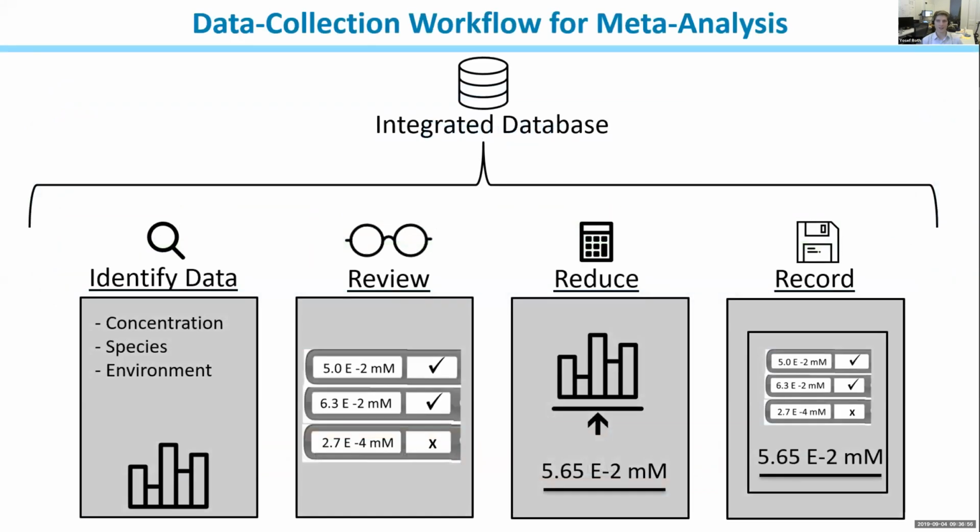So this is the data collection process that one would use in Datanator. And it's all drawing from our integrated database that integrates data from all the public repositories. So step one is to identify the data that you're looking for, or the distribution of data.